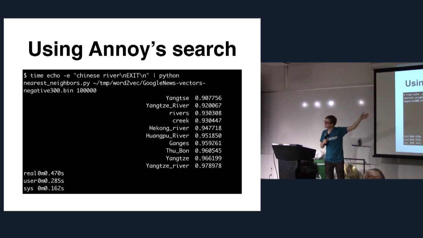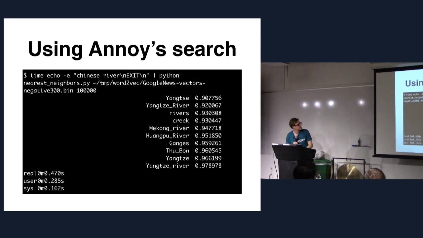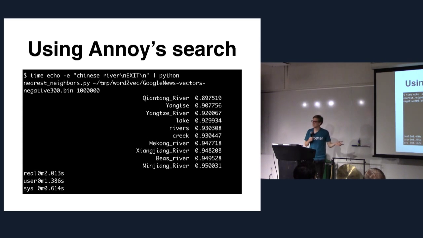Did anyone notice something though? They're different, right? Actually, the numbers are different because I'm outputting the wrong numbers, but that doesn't really matter. More importantly, we're not finding the exact same things. So it's not exact, and that's fine.